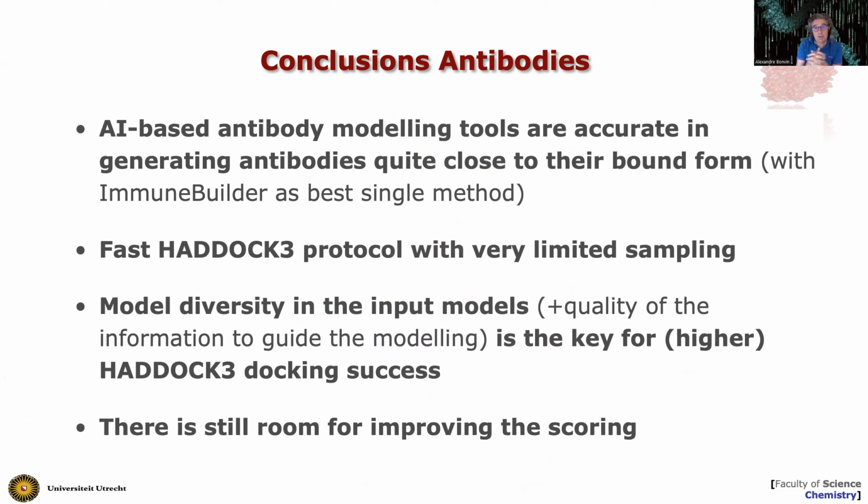Using those models and using HADDOCK3, the new version, and a very limited sampling protocol, we can get very good performance. And the key in improving the results is basically to use ensembles of models. But of course, there's still room for improving. The scoring remains a very difficult thing in general in the modeling of interactions.